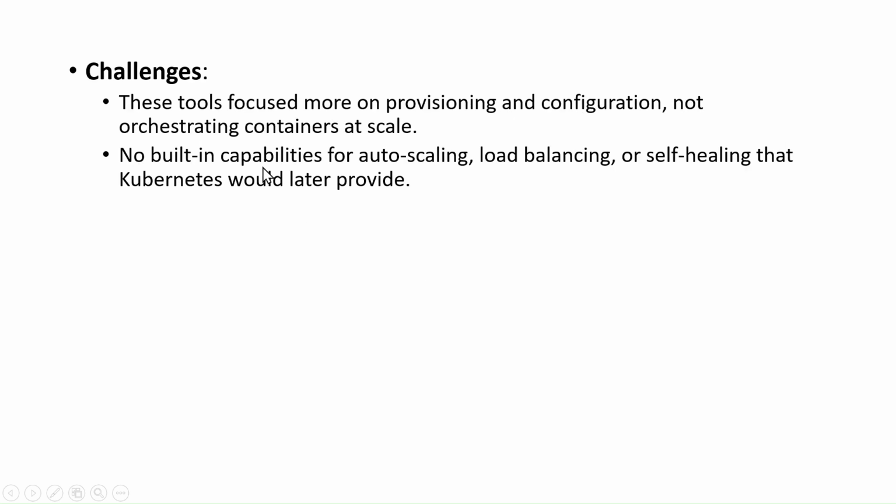So there are no built-in capabilities for auto-scaling, load balancing, and self-healing that Kubernetes would provide later. In containers, in VMs, or in physical servers, we do not have the concepts of auto-scaling, load balancing, self-healing. So what is auto-scaling? As I mentioned in previous slides, when the sales go up, obviously the number of people who come and browse for the products is gradually more than on other days, right?